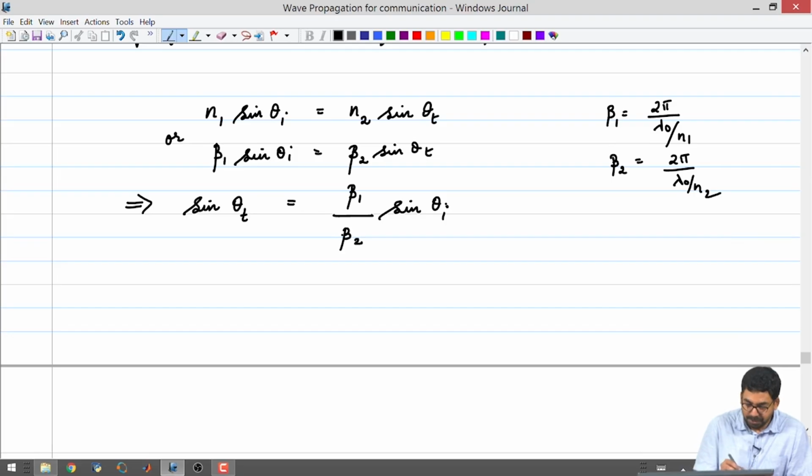Now, if you tune your incident angle in such a way that sin theta t is equal to 1, so the left hand side is equal to 1, that angle of incidence is known as the critical angle for a given material interface system. Okay.